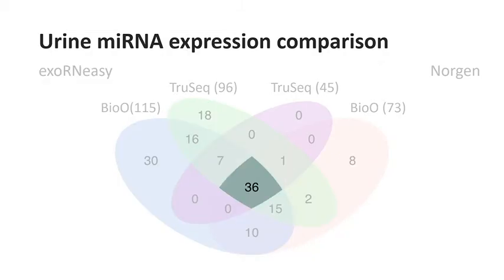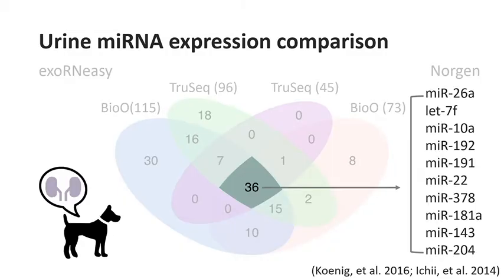And then in the end, I talk about those 36 overlapping microRNAs that you will always detect no matter which combination you use. Those microRNAs cover all these highly abundant microRNAs expressed in the canine kidney tissue. So here I include the relevant icon so they know that I'm talking about kidney right now.